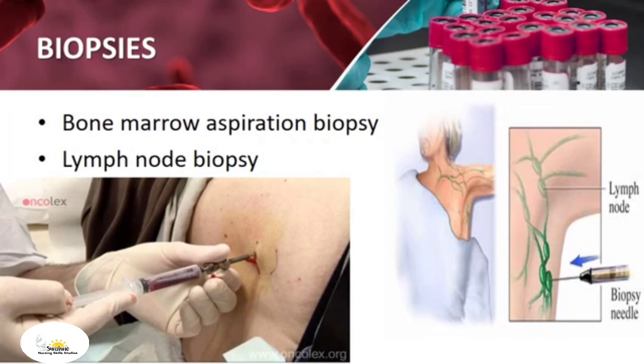And in lymph node, the purpose will be obtained to diagnose for any malignancy in the lymph node, enlarged lymph nodes, and to determine the therapy based on the result. A lymph node biopsy will be done. Apart from that, the miscellaneous blood studies which will be done in the hematological system will include liver function test for the examination of bilirubin, Coombs test will differentiate among the types of hemolytic anemias, direct and indirect.